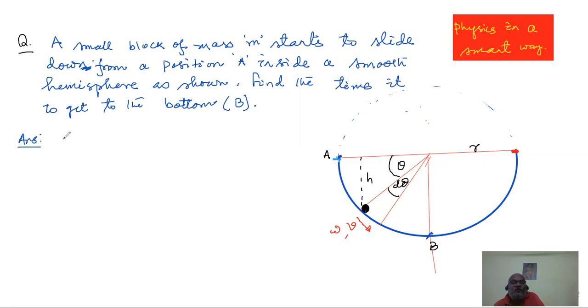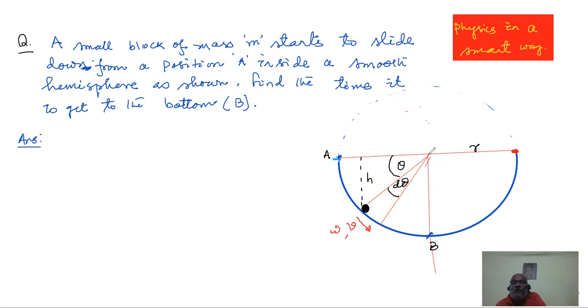and try to find a solution. So if you go for the answer, we already know that the block is starting from A. At any time t, which is an interval of time, it has gone to this position where this black dot shows the block in its instantaneous position. It has already covered an angle theta at the center and has gone down by a distance h.